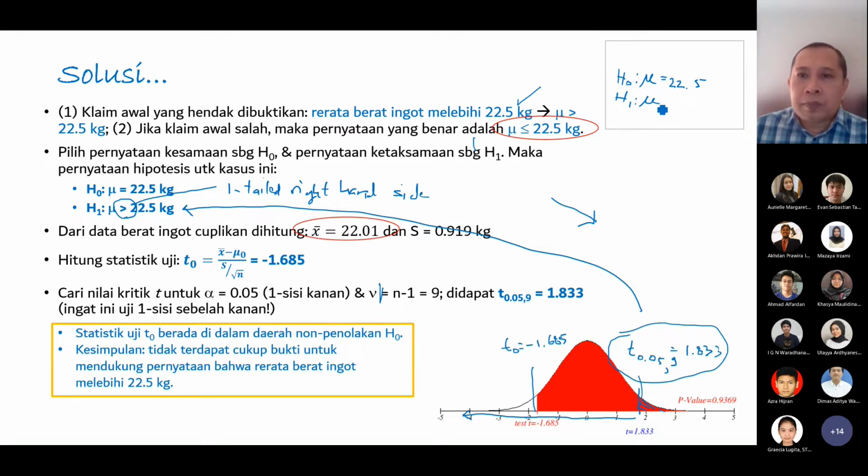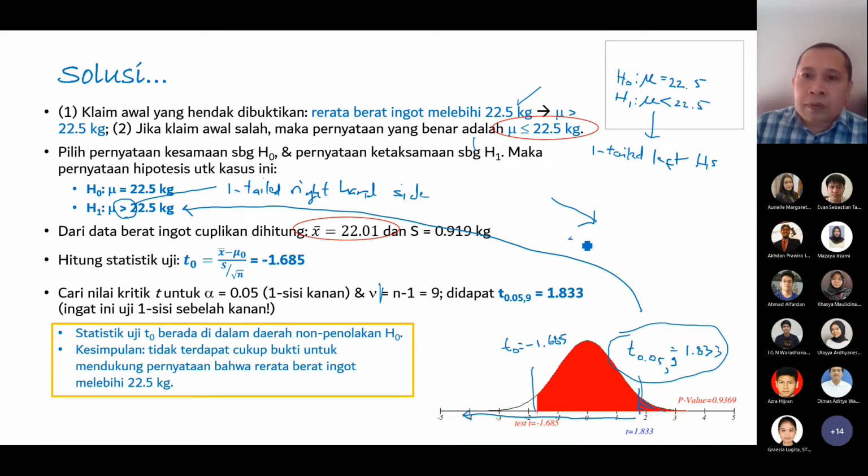So now this becomes lesser, yeah. Okay, so now this becomes the one-tailed left-hand side. Let me just abbreviate HS, left-hand side. Okay.